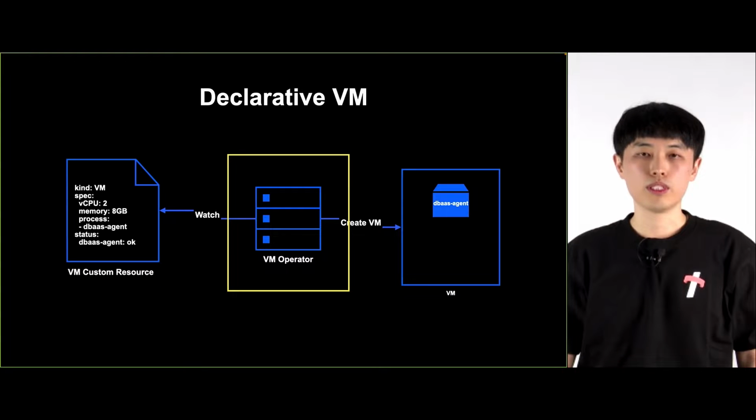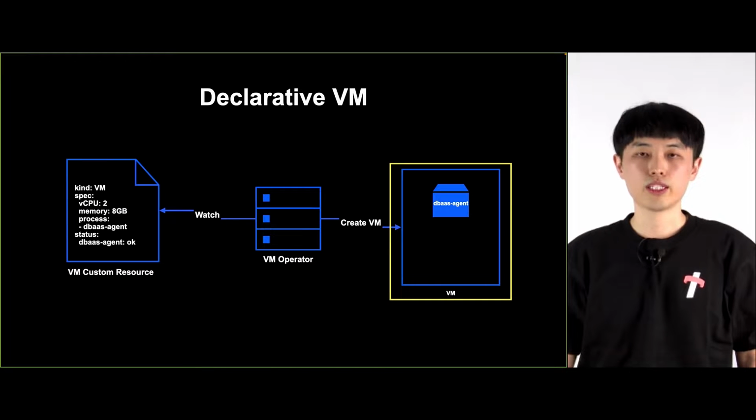In the VM custom resource, the VM operator monitors the custom resources and tries to satisfy the declared specifications. And as is declared, there is a VM created with 2 virtual cores and 8 GB memory, and inside, a DBaaS agent process is launched.